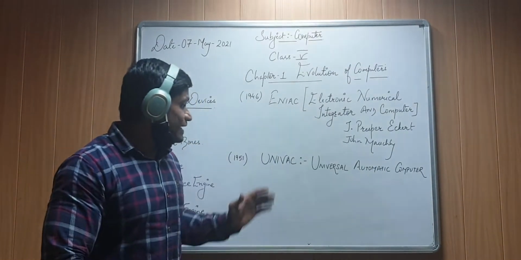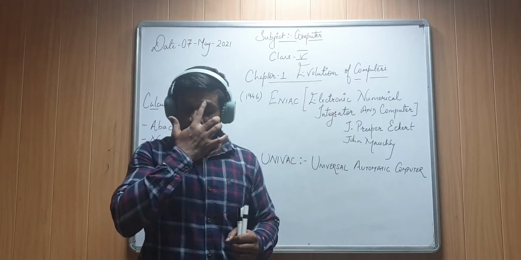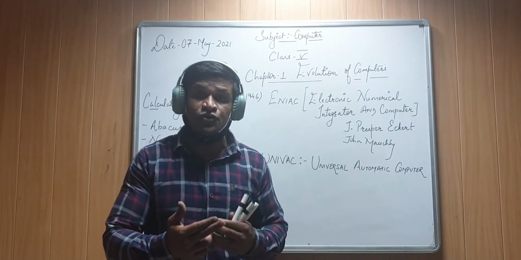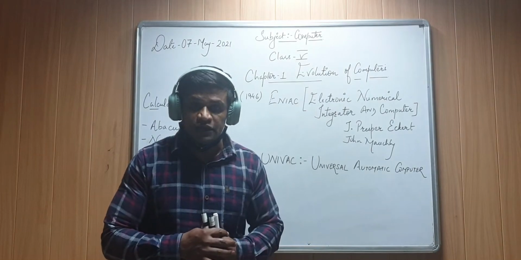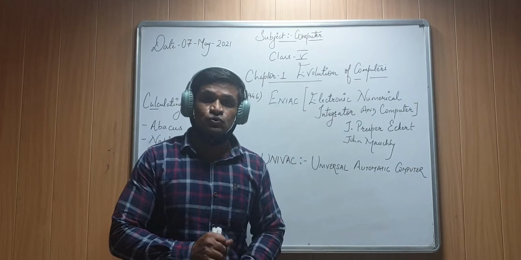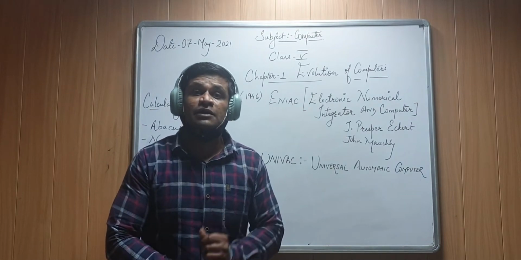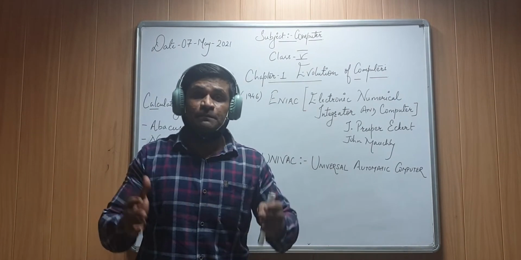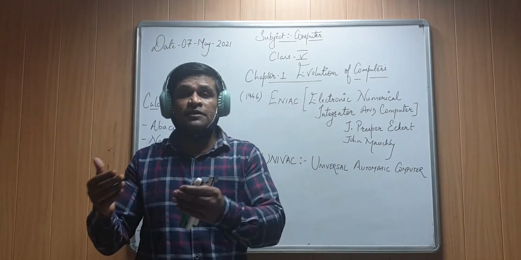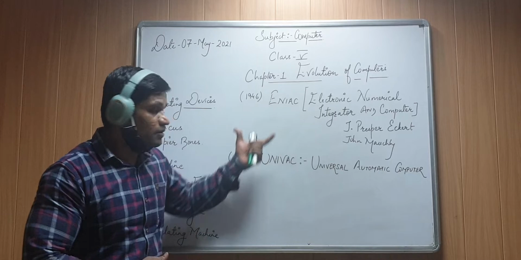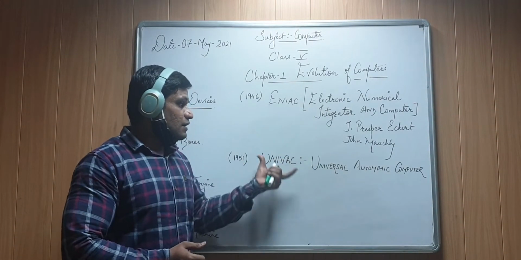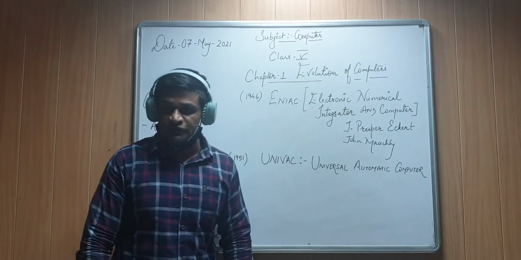Like we are using computers at factories and offices for our trade work and business work. So these were the first two computers available at commercial level, which people could buy, and through which they could operate factories and do their businesses. I hope I am clear with these two topics, ENIAC and UNIVAC.